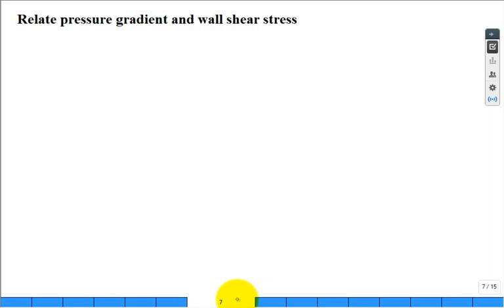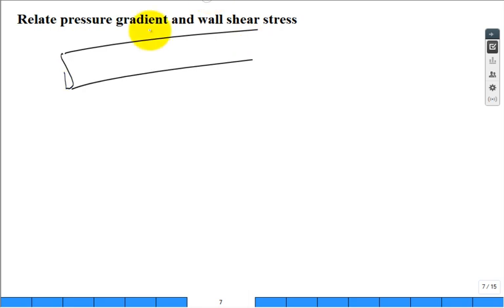All right, now we want to talk about that pressure gradient and the wall shear stress. So I have the flow in this pipe, and what I do is I focus on, you can call it a control volume for fluid mechanics background, or you can call it an FBD if you really like or excelled in statics.